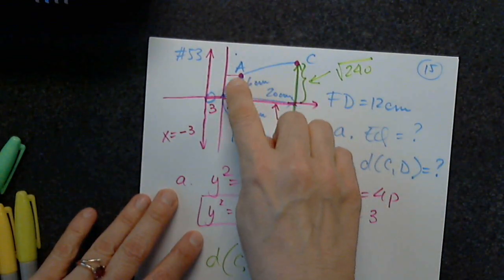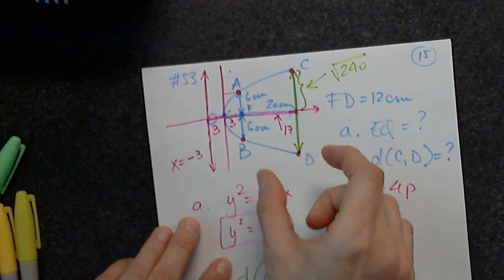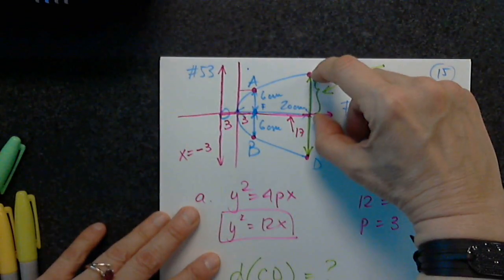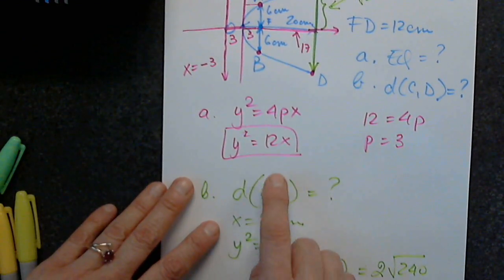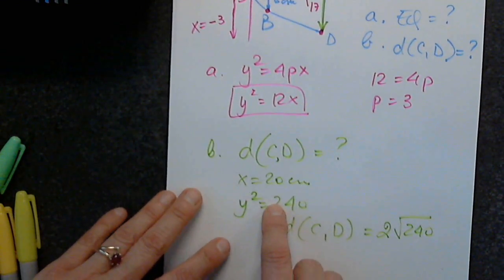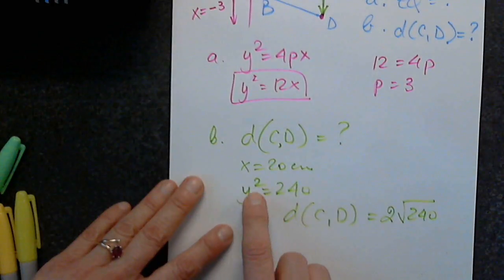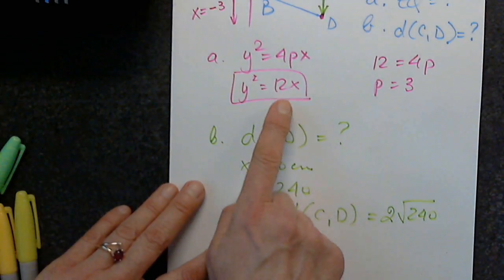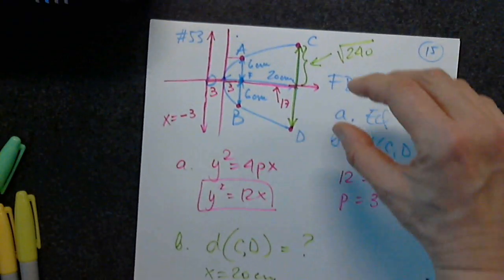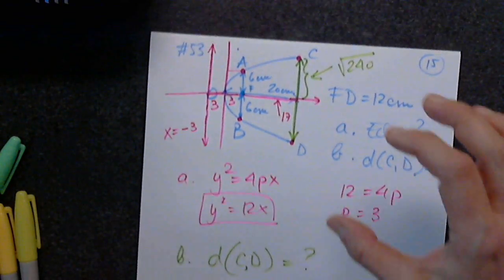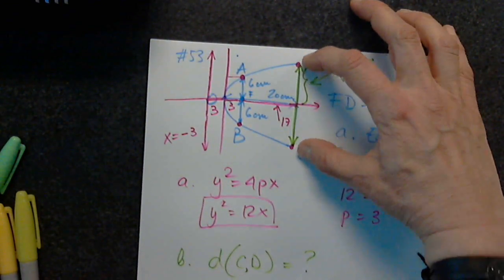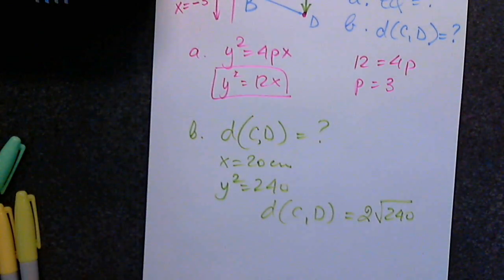So we determined the equation of the parabola, and we plugged in 20 to determine this height. Right. So 20 times 12 is 240. So y squared equals 240, which makes this piece the square root of 240, which makes this piece twice the square root of 240. And I should simplify the square root of 240.